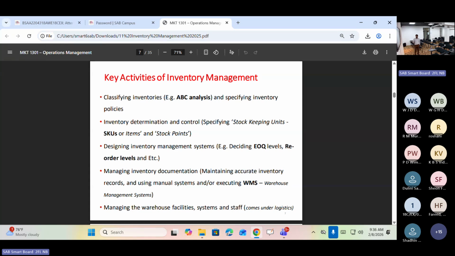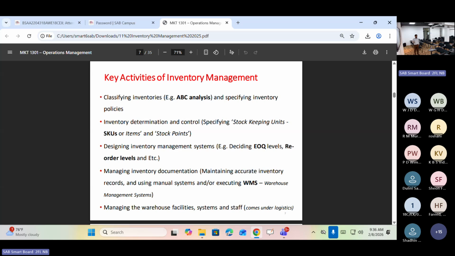In addition to that, other activities like managing inventory documentation, that is keeping accurate inventory records. And for that purpose, using proper systems for inventory documentation and inventory management.